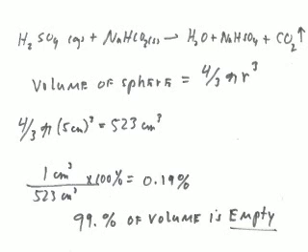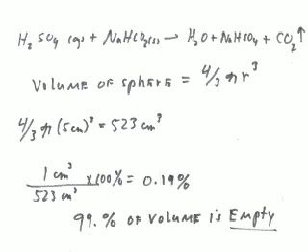The volume of a sphere is 4/3 pi r cubed. And since the sphere is about 10 centimeters in diameter, its radius is 5. So 4/3 pi times 5 cubed is 523 cubic centimeters. So the volume of the balloon is 523 cubic centimeters.